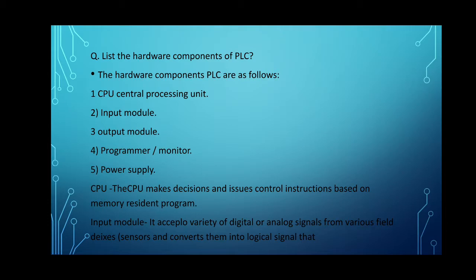The output module converts control instructions from the CPU into digital or analog signals that can be used to control various field devices or actuators. So the input devices are sensors and the output devices are actuators. The inputs can be analog or digital. Outputs can also be analog or digital.